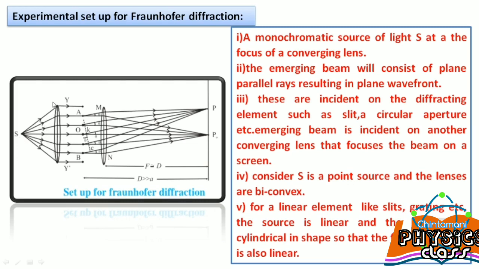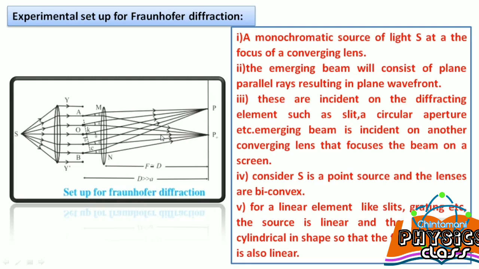The emerging beam will consist of plane parallel rays, resulting in a plane wavefront. These are incident on a diffracting element such as a slit or a circular aperture. The emerging beam is incident on another converging lens that focuses the beam on the screen.